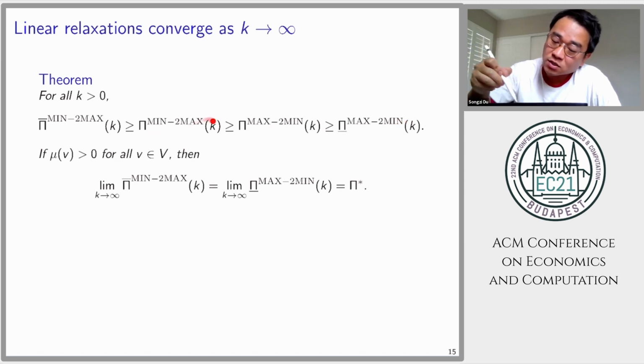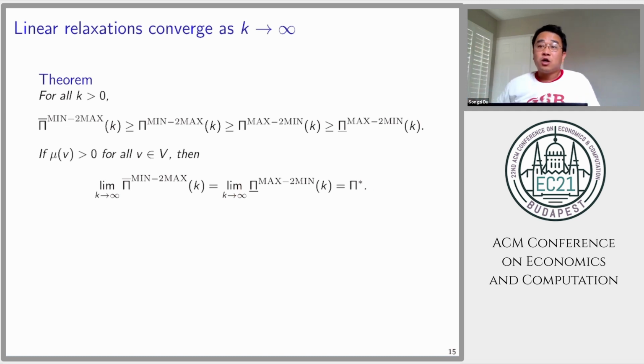Since our original max to min and min to max are sandwiched between these two bounds, they will also converge to each other. And that implies the original strong minimax theorem, that max to min is equal to min to max, because these bounding programs converge.